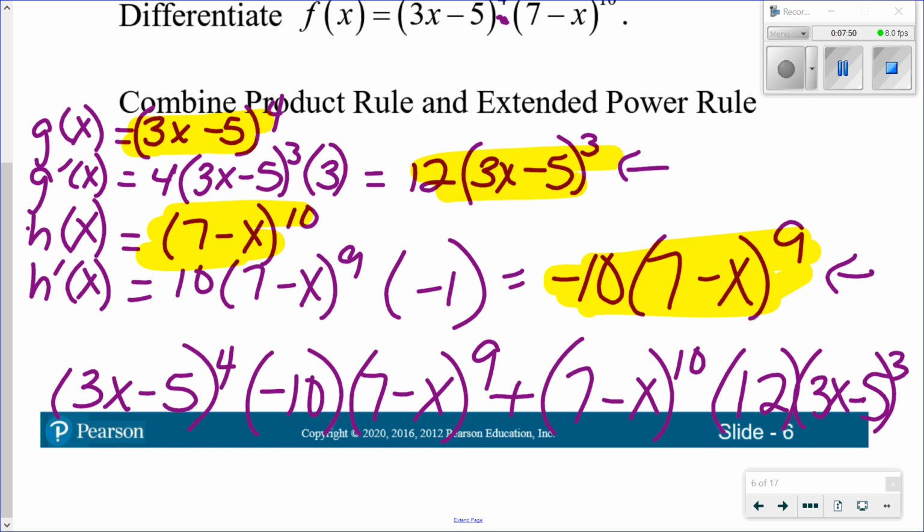There's not a lot we can do there unless you want to factor things out, which doesn't actually make it a lot neater, so I'm not going to worry about that. You can leave that as your final answer.